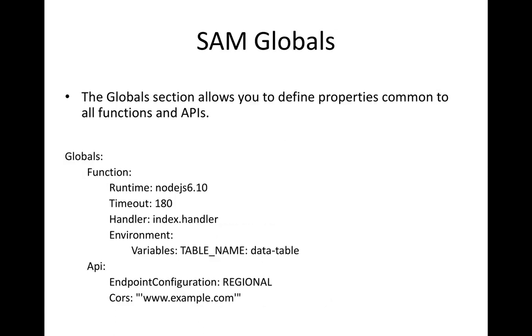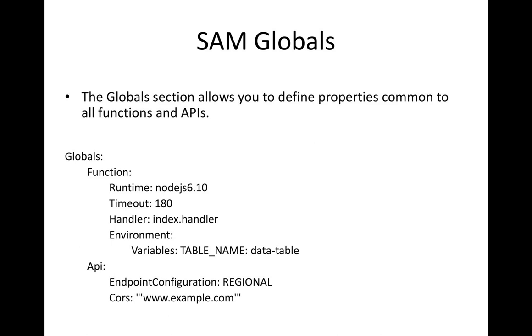The SAM extensions add a couple different things to your typical CloudFormation template. There's a new globals section that's available to you. And in the globals section of the template, you can define properties which are common to different resources within the template.